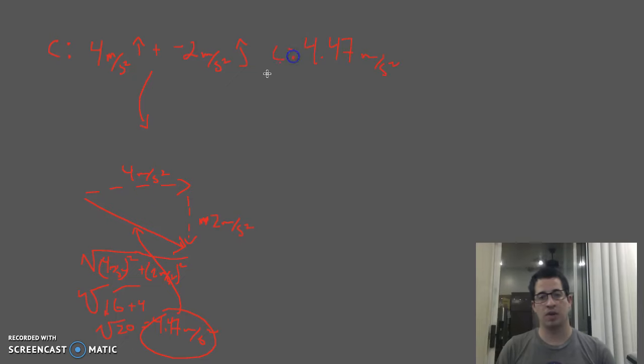We also have to find the direction. We need this angle. If this is a right triangle, this would be the opposite side, and that's the adjacent side. So tangent of that angle is equal to 2 over 4, or 1/2. That would mean that theta is equal to the inverse tangent of 1/2, which is about 26.6 degrees.